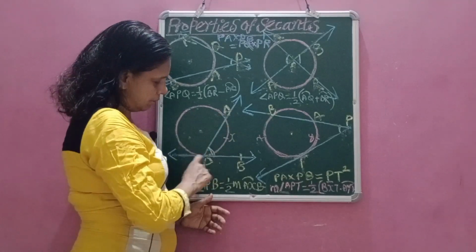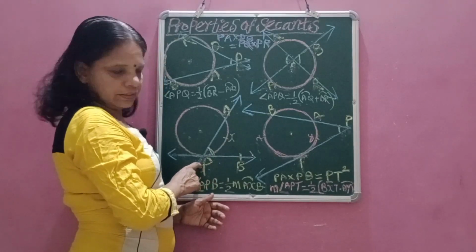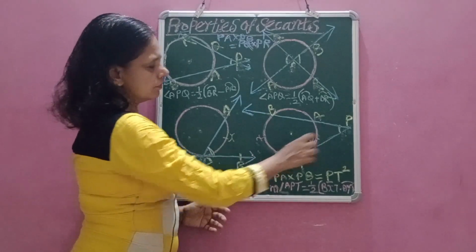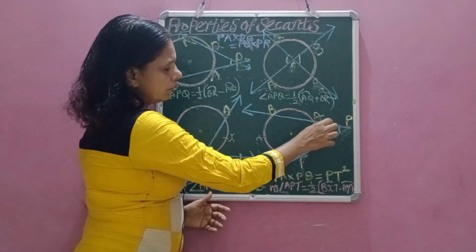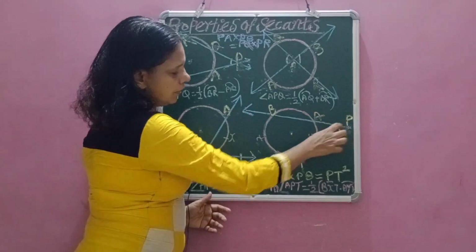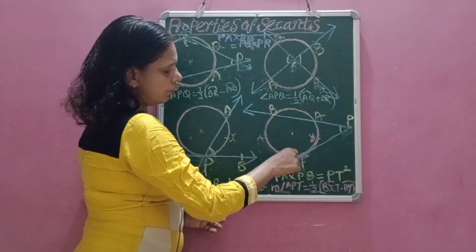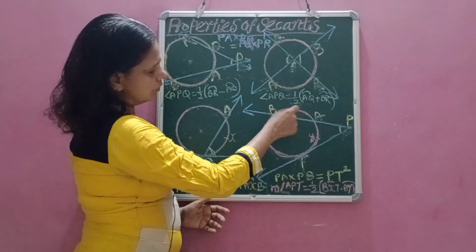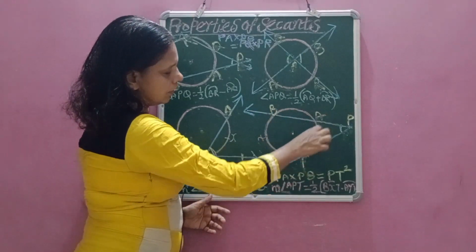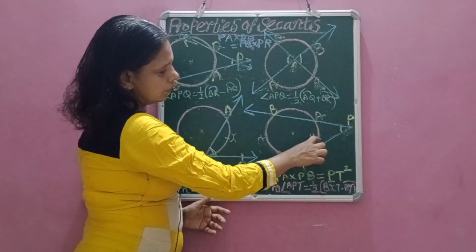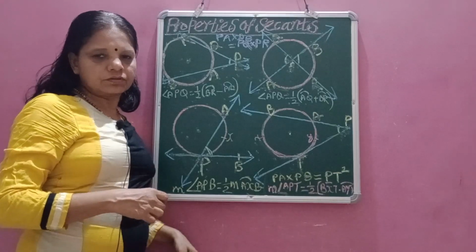That is, angle APB equals half the measure of arc AXP. And in this case, PT is the tangent and PAB is the secant. Therefore, angle APT equals half of the measure of arc BXT minus measure of arc AYT. These are the relations. Understood?